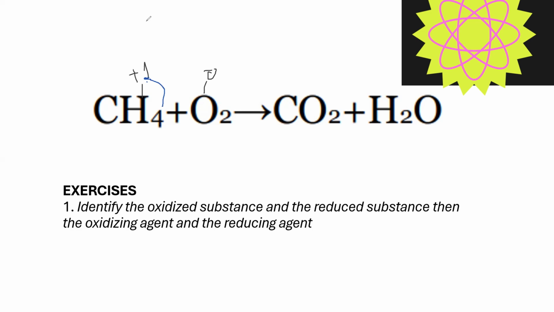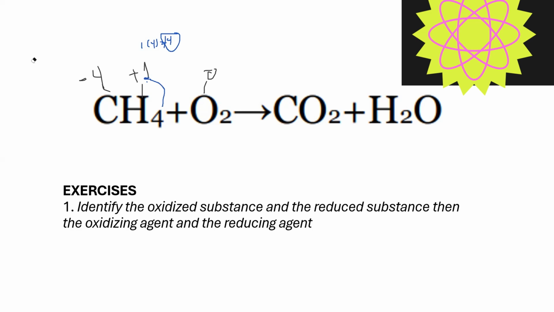All right, so tell me, how much is the result? 1 times 4 equals 4. Oxidation number for carbon, what is it? If we have +4, what do we need in carbon? It's -4.